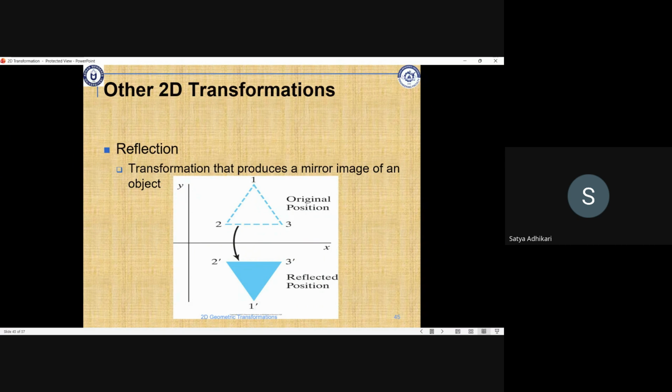If we keep a mirror on the x-axis, you will see the image of the original object, denoted by 1 dash, 2 dash, and 3 dash.